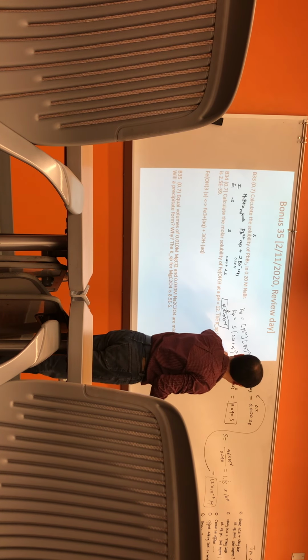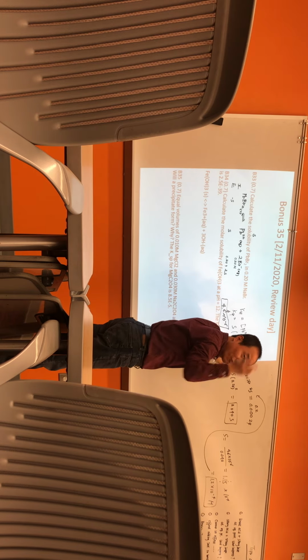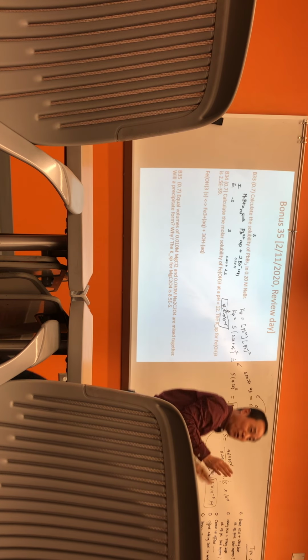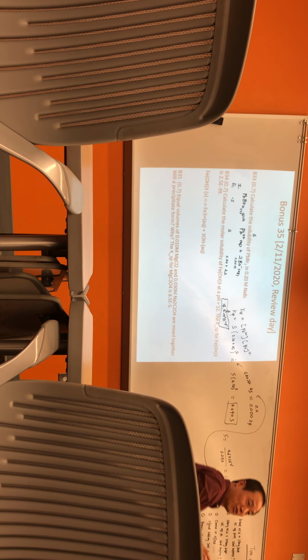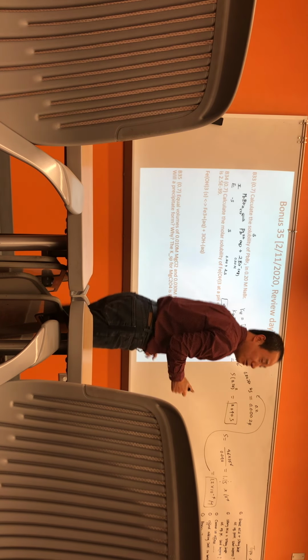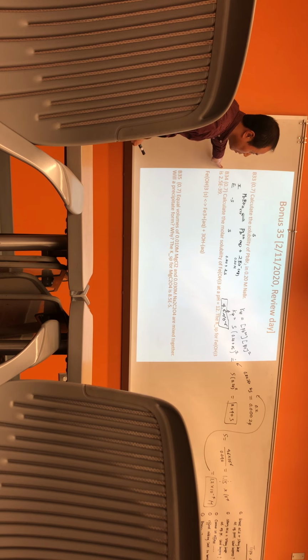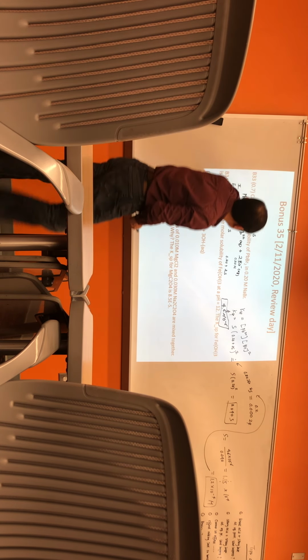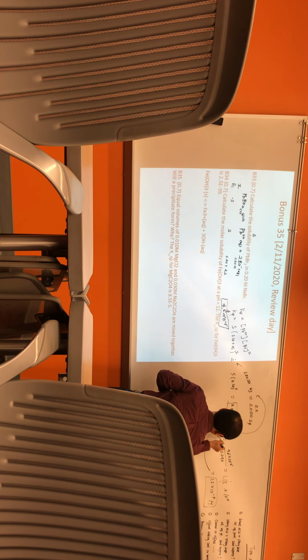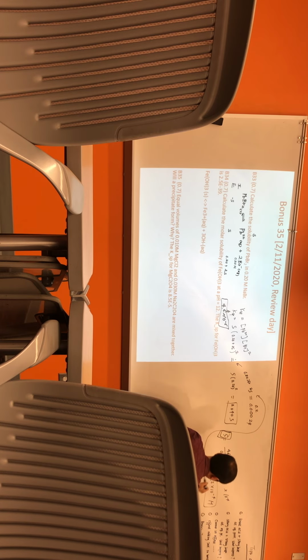So this is just fine. I did that without any justification, but most of the time you can do it. In certain problems, you cannot ignore that. Okay, so what's the answer? They're asking for solubility, so this is the answer.